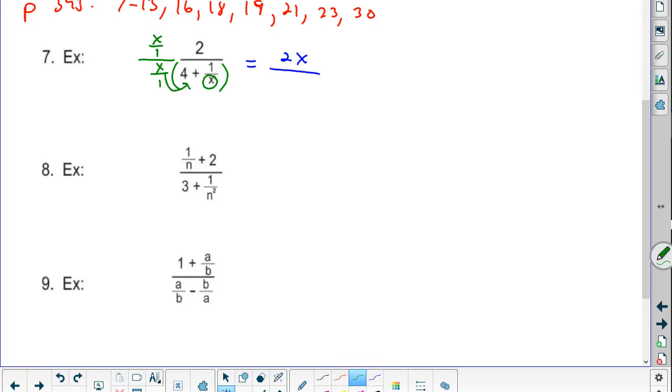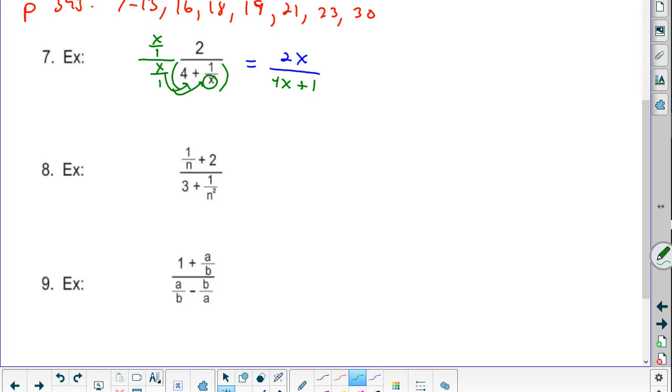The first should be easy, and x times a 4 is indeed a 4x. But then you also have to distribute the x times the 1 over x. And this is the whole reason we did this. x times 1 over x is a 1. So this thing ends up as plus 1.